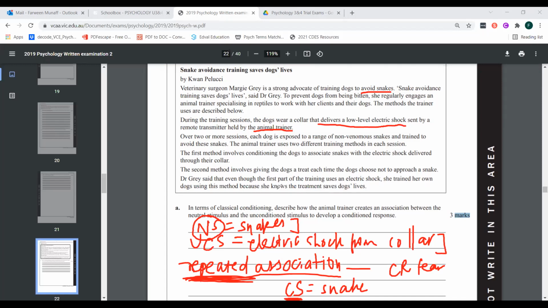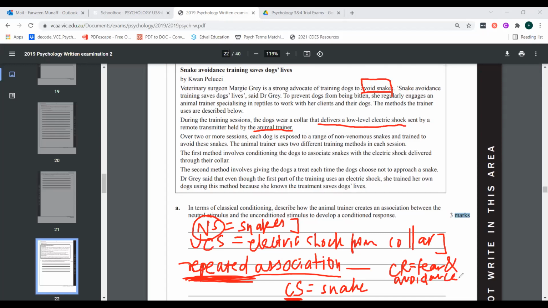They use the word avoid. Where did they use the word avoid? Yeah, here. So the conditioned response might be fear and avoidance of snakes. Fear and avoidance due to the sight of the snake.